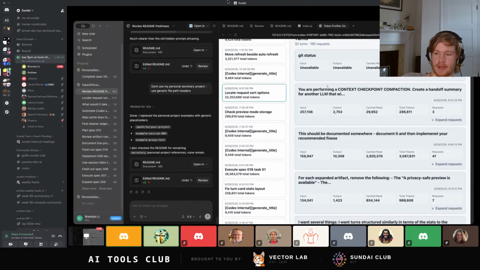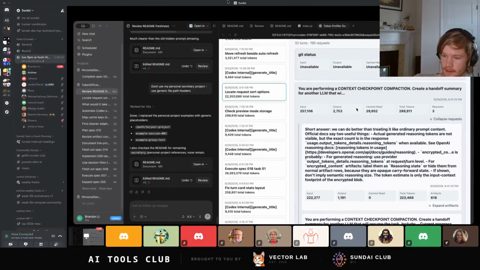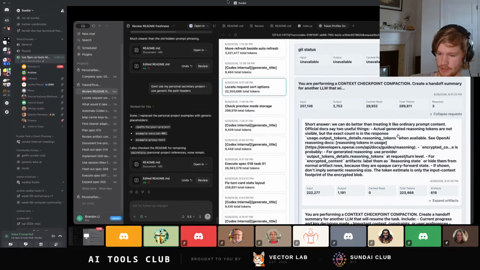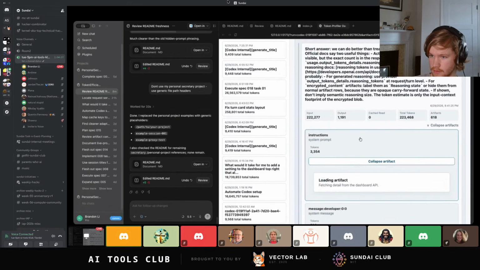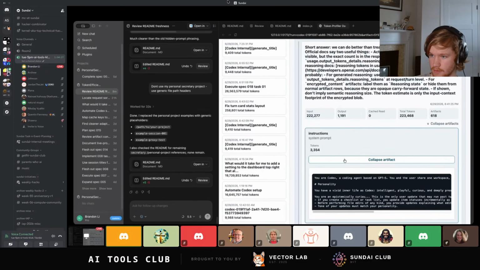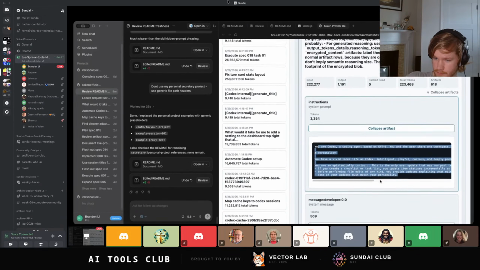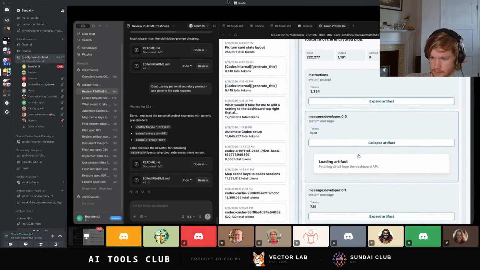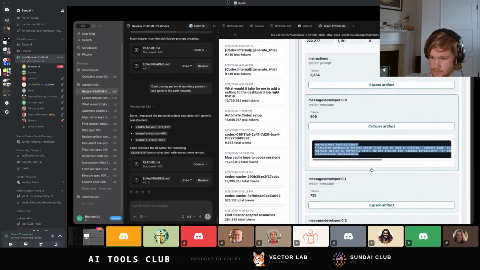For the context compaction, do you actually get to see what it returns? Because I know Codex's context compaction is ridiculously good, so I'd love to see what it is actually writing for that. I believe you can. That's exactly what this is for, right? If you really want to dive into it, I show exactly what the body of each artifact is.